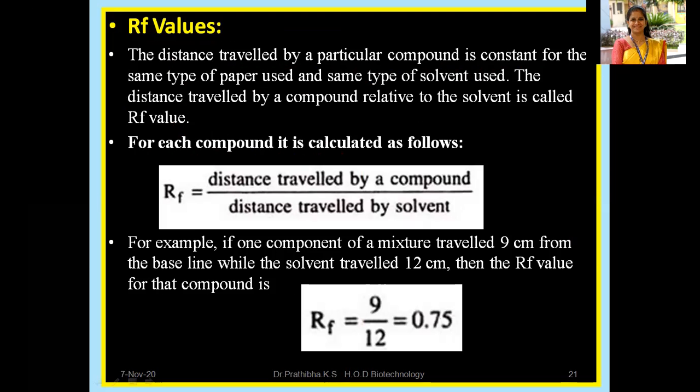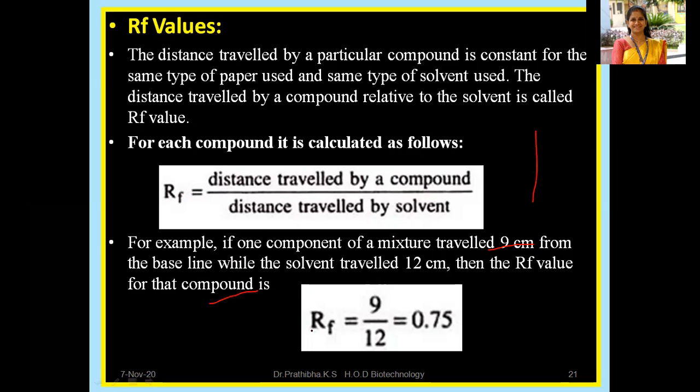For each compound, it is calculated as RF is equal to distance traveled by a compound divided by distance traveled by solvent. For example, if one component of a mixture traveled 9 centimeter from the baseline upward, while the solvent traveled 12 centimeter, then what is the RF value for that compound?